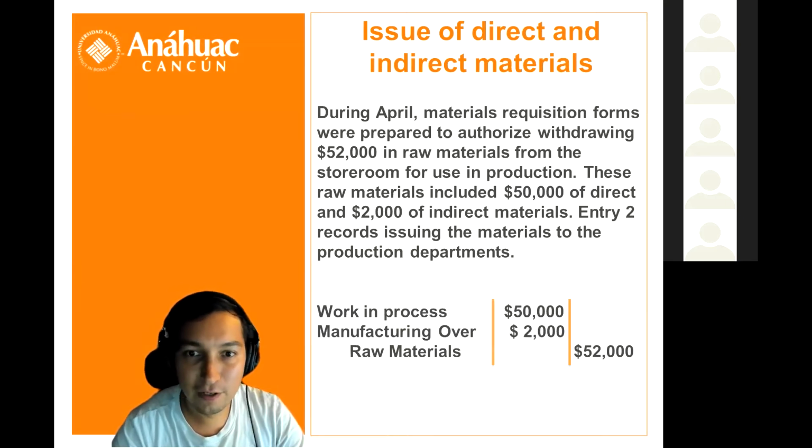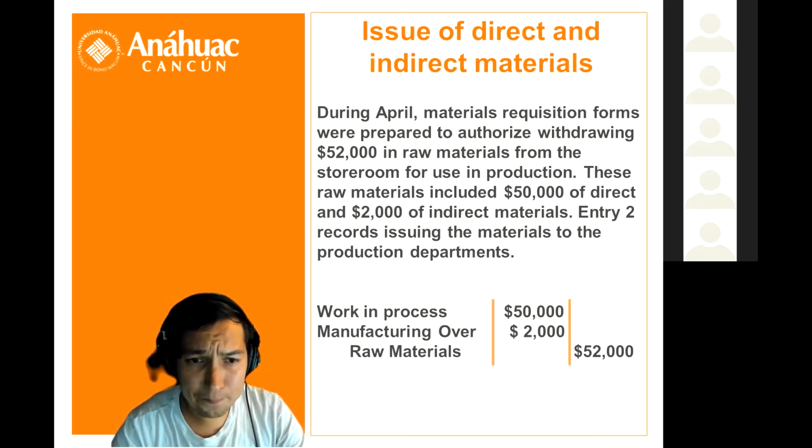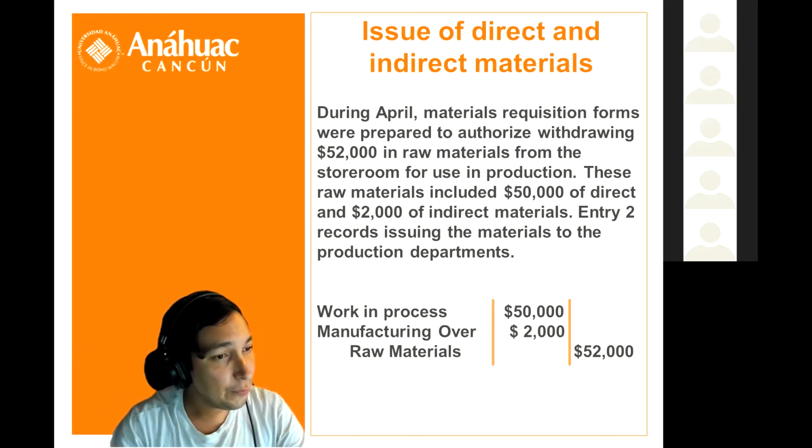So during April, materials requisition forms were prepared to authorize withdrawing 52,000 in raw materials from the storeroom for use in production. These raw materials included 50,000 of direct and 2,000 of indirect materials. So the entry records using the materials in the production department. First thing is raw materials. We have to credit them, no? As I showed you in the T accounts, you have to credit the raw materials to diminish your inventory of raw materials and move them to work in process.